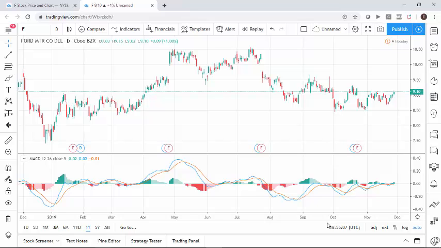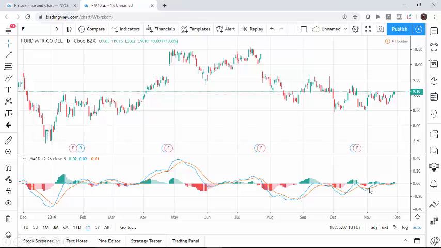Now what's interesting here in the MACD is that we've got a situation where we've had a cross under the zero line, which typically means that we're about to head higher. This region below the zero line is the oversold region, and up above it is the overbought.